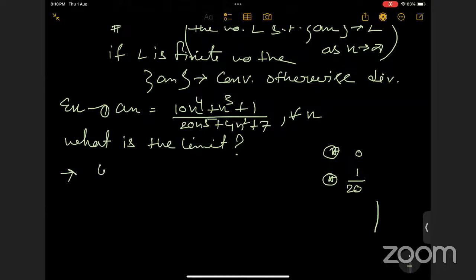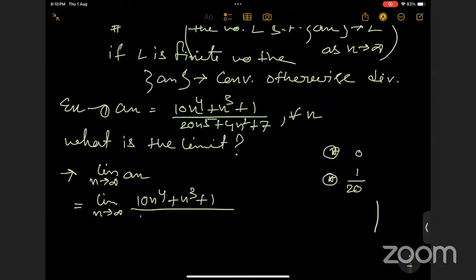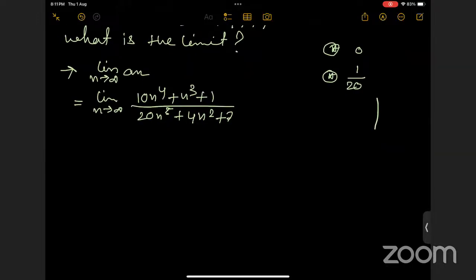So what we have to do basically is evaluate the limit as n tends to infinity of a_n, which is 10 n power 4 plus n cube plus 1 over 20 n power 5 plus 4 n square plus 7. So what should be the next step according to you? Take n to the power 4 common from numerator and n to the power 5 common from denominator.